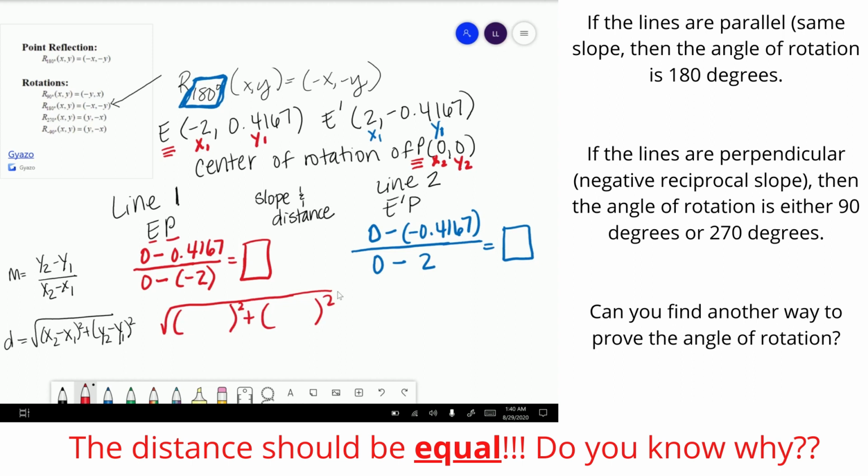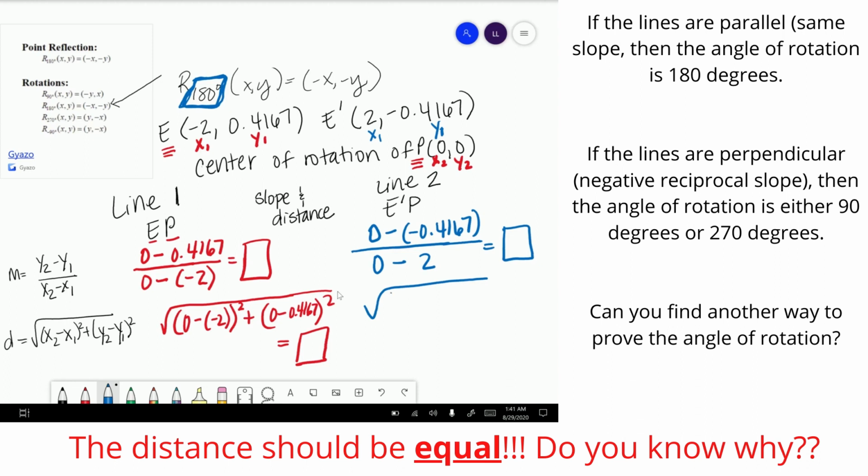Okay, so my x coordinates, x2 was 0 minus -2, and my y coordinates were 0 minus 0.4167. And we go ahead and do that math. And like I said before, I'm not going to work it out because I want you to work it out. But I am showing you how to set up the work. And remember to use Desmos because it does make it easier when you're working this stuff out.